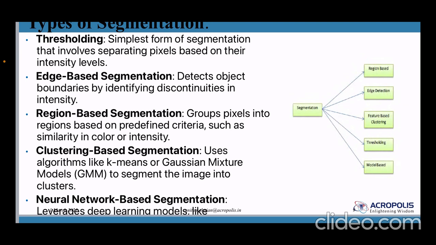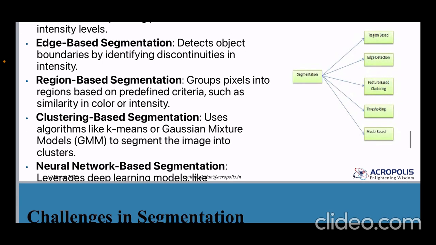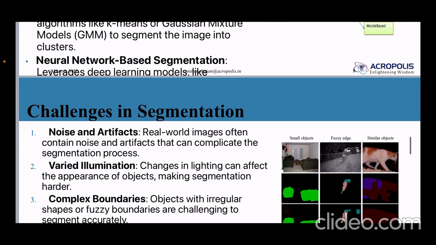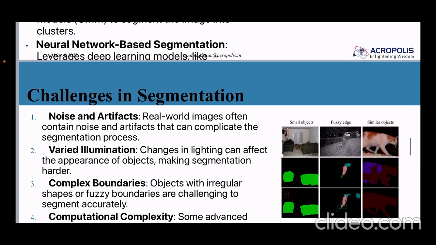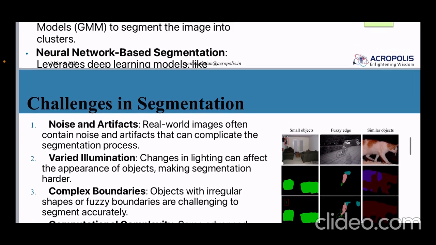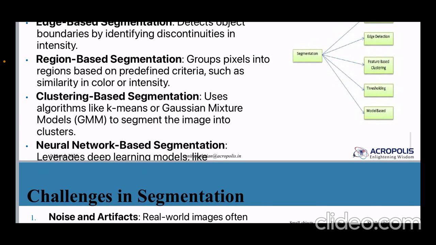Region-based segmentation groups pixels into regions based on predefined criteria such as similarity in color or intensity. Clustering based segmentation uses algorithms like K-means or Gaussian mixture model GMM to segment into clusters. Neural network based segmentation is basically a deep learning model.